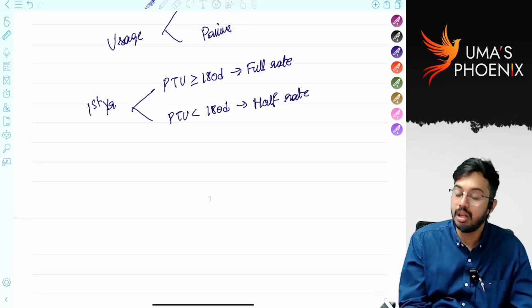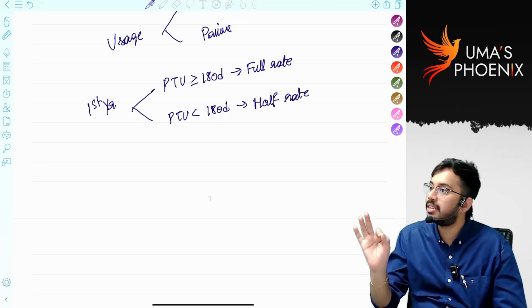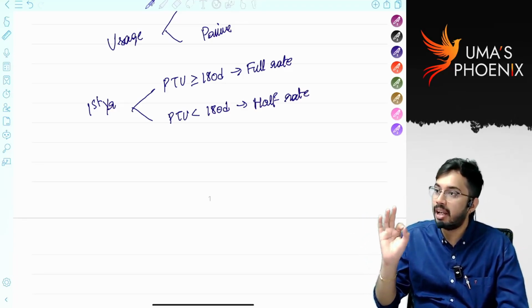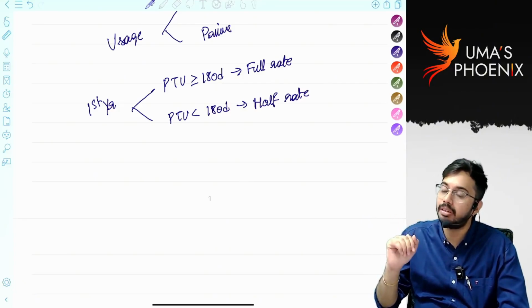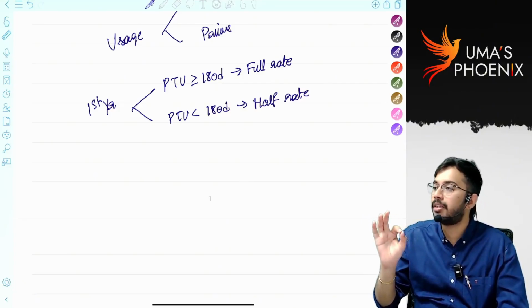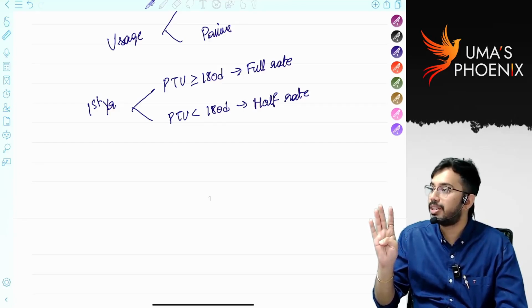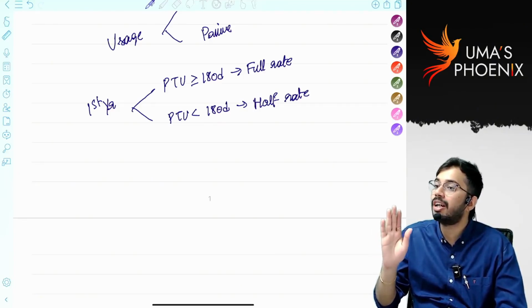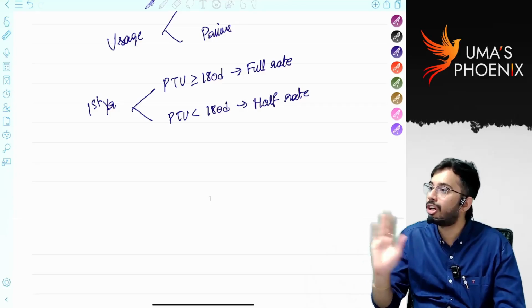The moment I say this, many students will tell me, sir, you don't know the subject. Sir, the asset was purchased on 1st December. It was used for 4 months. How can you calculate half rate of depreciation? Don't try to search for logic in income tax. Income tax is not logical.